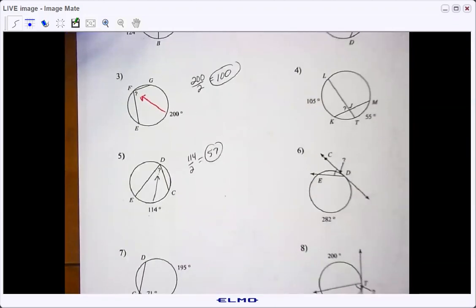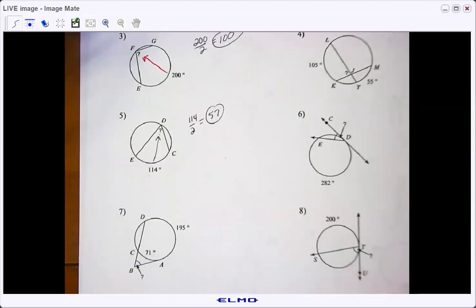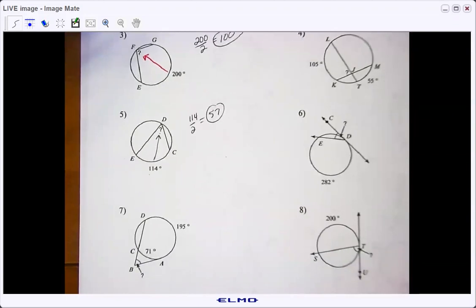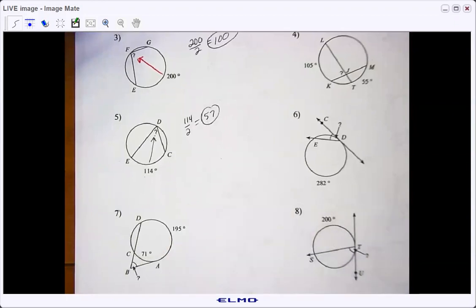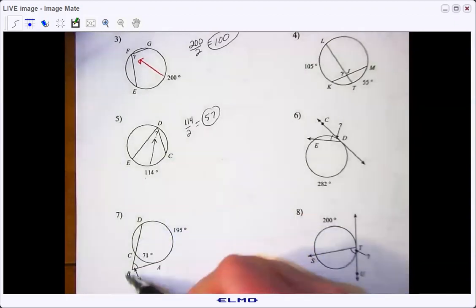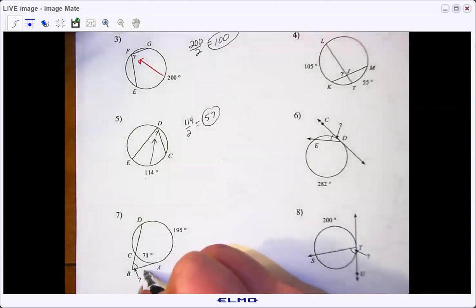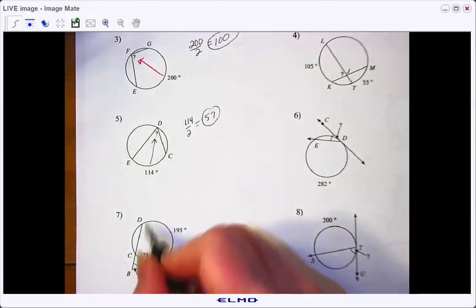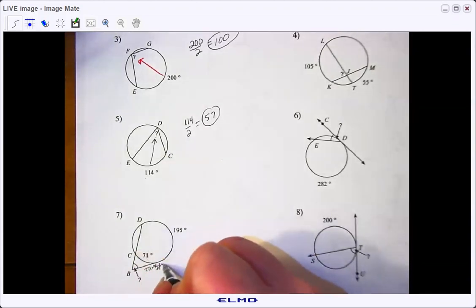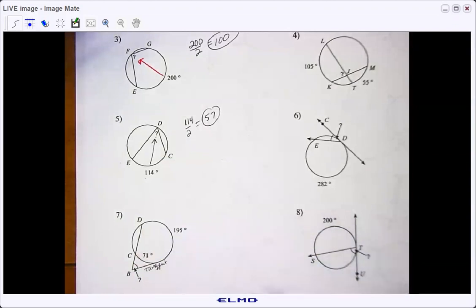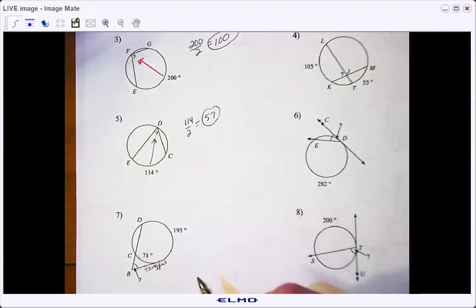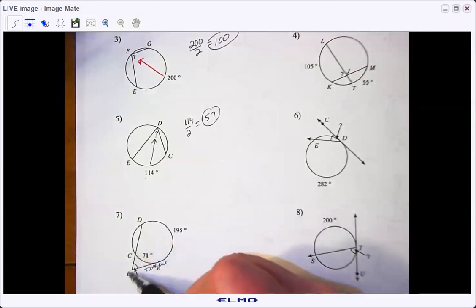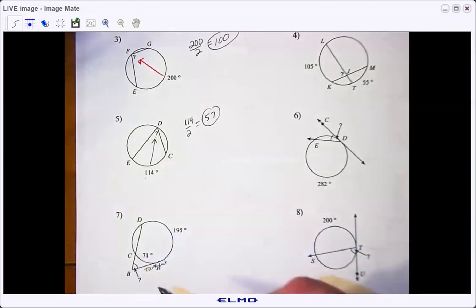Okay, so now look at your scenarios, look at your notes, and find the one that says two secants or a secant and a tangent, because this is our tangent right here. And that's our secant. Remember the tangent intersects the circle at one point of tangency, and the secant extends through the circle.